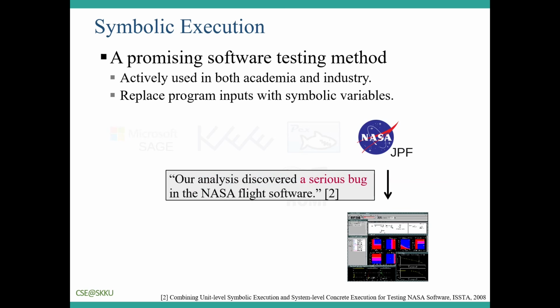Another example is Java PathFinder, a symbolic execution tool that successfully uncovered a serious bug in NASA's flight software. So this shows that symbolic execution isn't just a theoretical concept, it's a powerful and real-world technique for detecting critical software bugs.